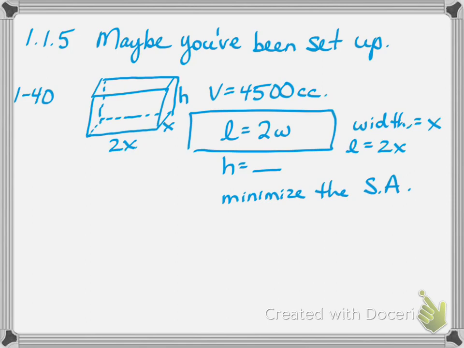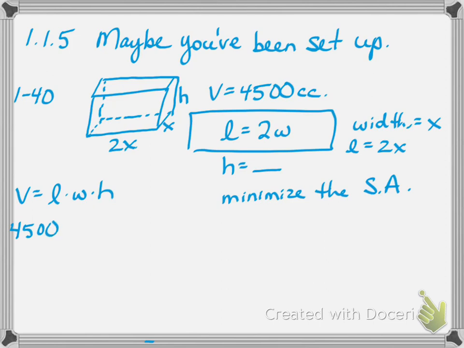Okay, let's now think about some formulas that we have. If the volume is 4,500 and this is a box, then the volume of a rectangular prism or a box is length times width times height. And let's see what all we know. We know volume.